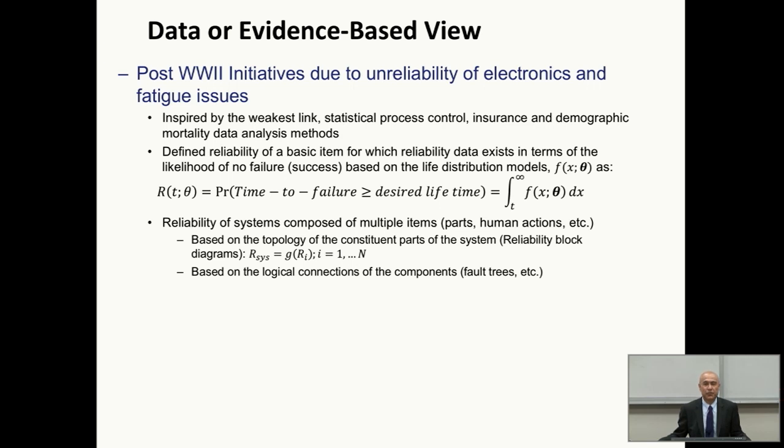But their constituents, their basic components, do fail, and we do have more data on them, based on which we can use the equation I just described to find their reliability. So the reliability of these highly reliable systems is found from an equation which relates the reliability of the system to the reliability of the items that constitute those systems. That equation is: reliability of the system equals a function of the reliability of item i, a function that we try to find in reliability engineering.